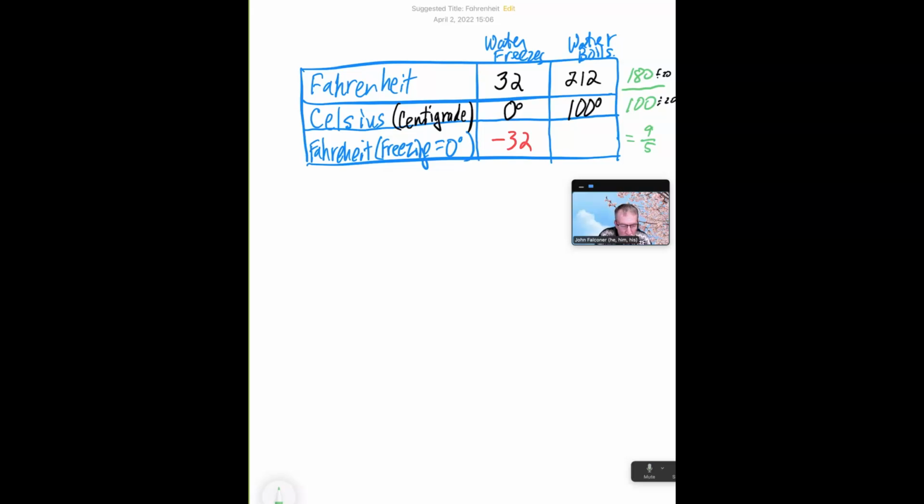The thing is, we also have to do the addition. We have to take into account the difference of 32 degrees after we have expanded or contracted the zeroed out Fahrenheit. So let me show you what that means.